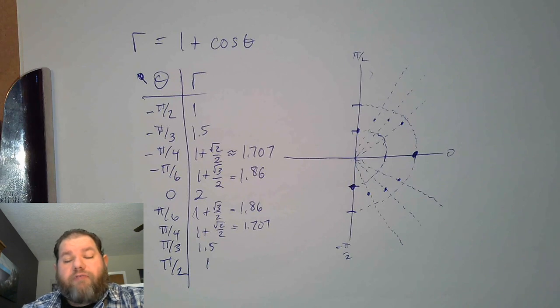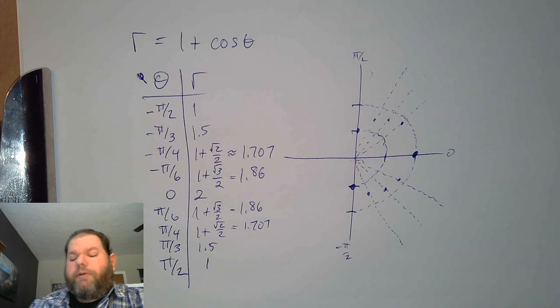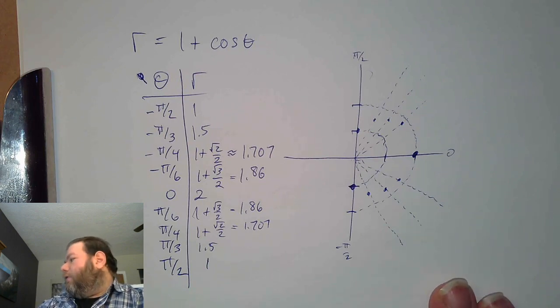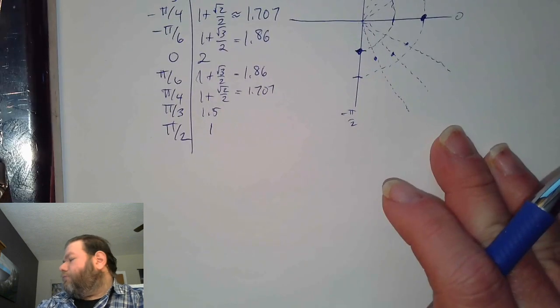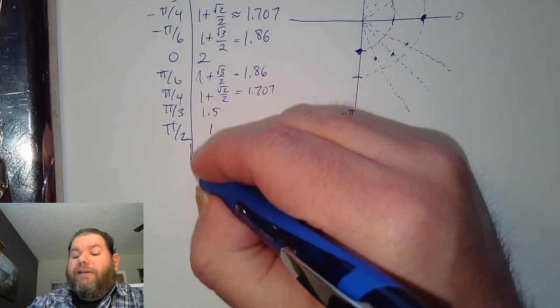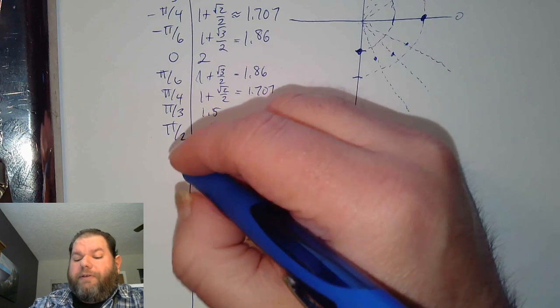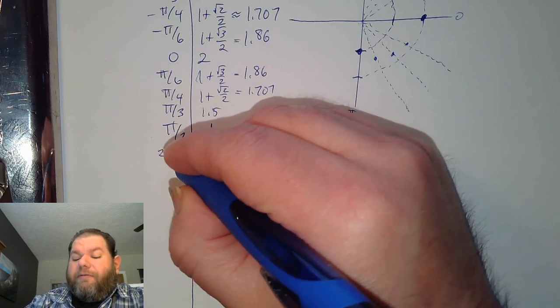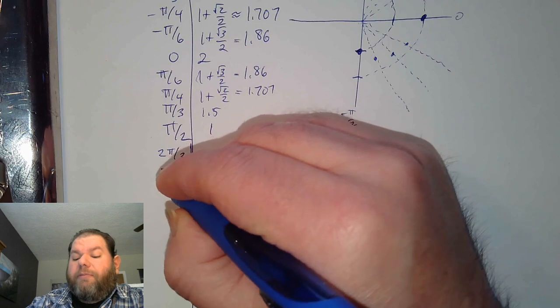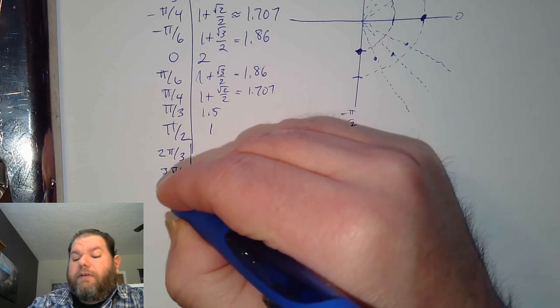Unlike just regular r equals cosine theta, r equals 1 plus cosine theta is a little more complex, so we need some more points. So we continue. It's after pi over 2: 2 pi over 3, 3 pi over 4, 5 pi over 6.